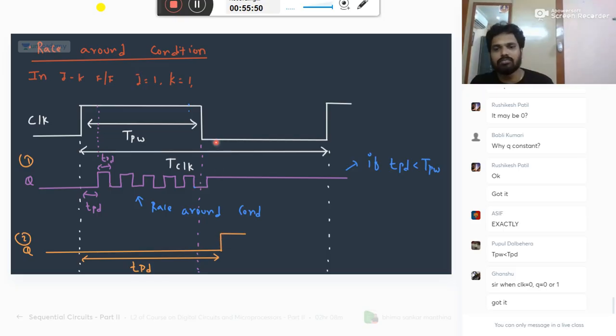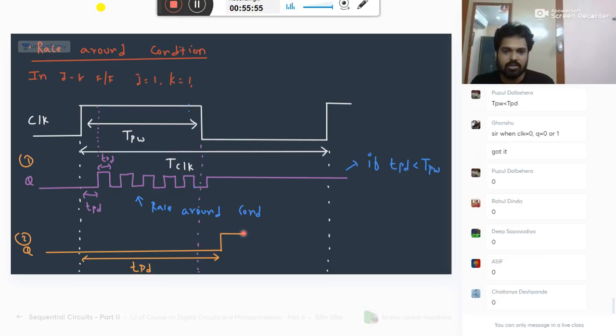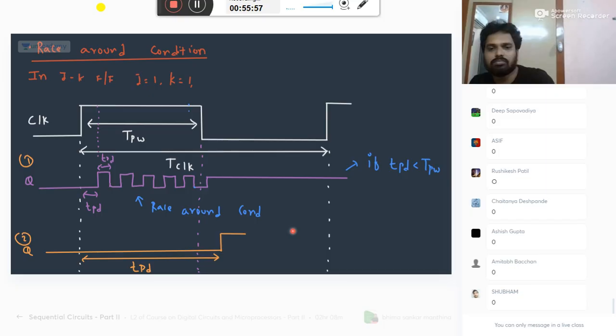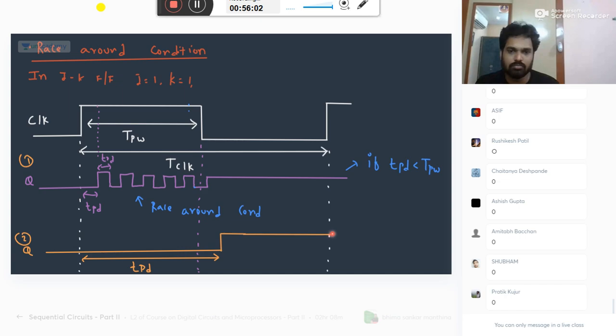But by the time it is changing, what is your clock now? Comment. It is 0. If it is 0, it cannot change further. It will continue. This is the condition: if TPD is greater than TPW, but this change should not occur in the next clock pulse.